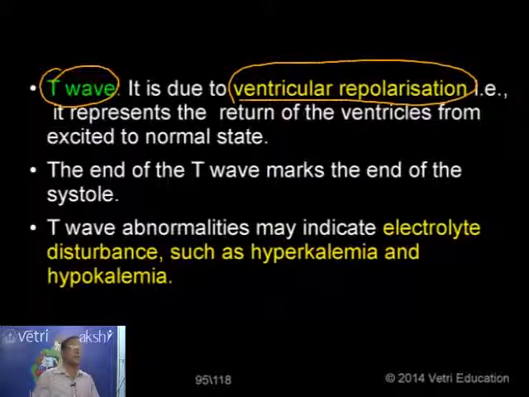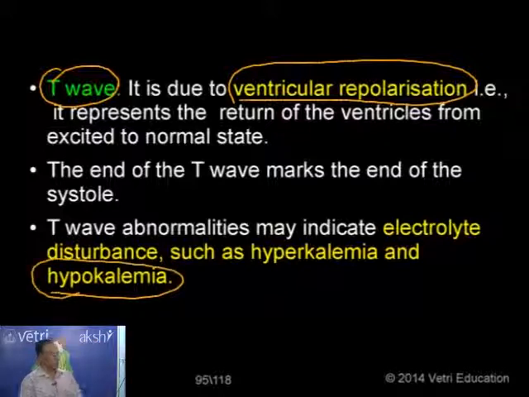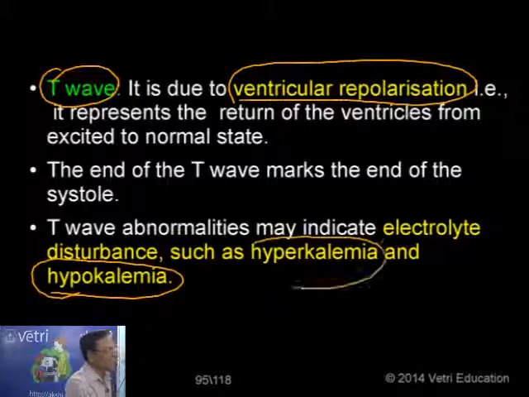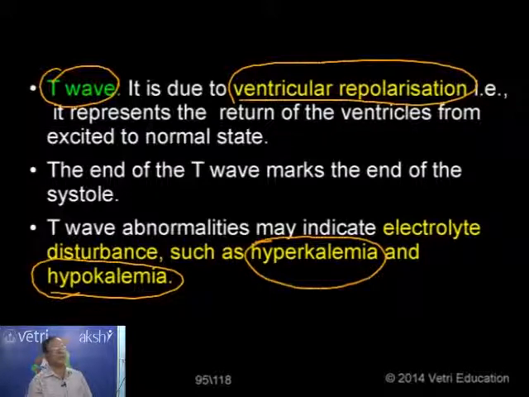Either an increase or a decrease in potassium concentration affects the heart's working. A decrease in concentration is called hypokalemia. When you have decreased concentration of potassium, that condition is called hypokalemia. If you have more concentration of potassium, then it is called hyperkalemia. Both hyperkalemia and hypokalemia are electrolyte imbalances related to potassium, and they have a major impact on the heart.